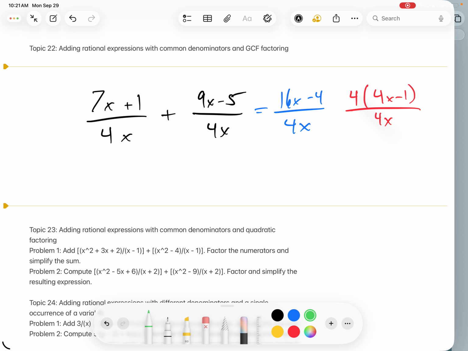So now I do have a 4 on the outside here. Those cancel out, so I have 4x minus 1 over x. The other way you could do it is divide all 3 of those by 4. Because that's what I've been saying all along. Unless you can divide every term in there by something, you cannot simplify it. But I can divide all those by 4.